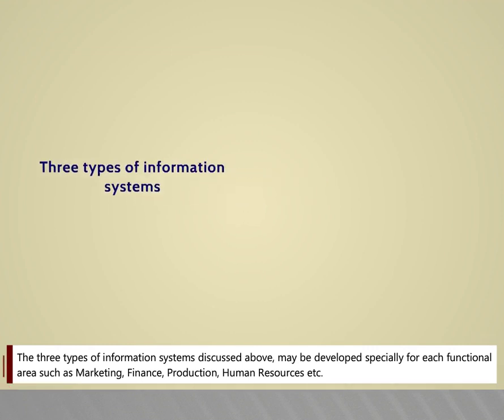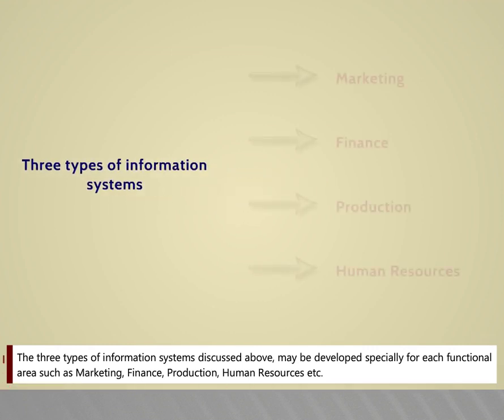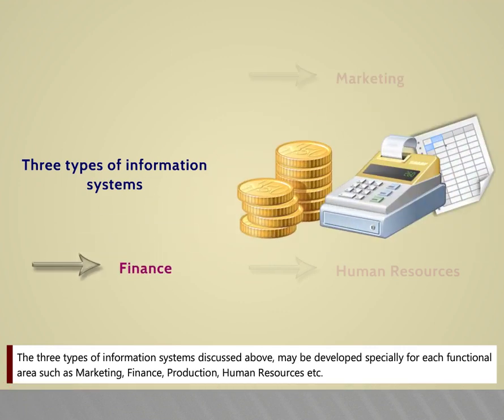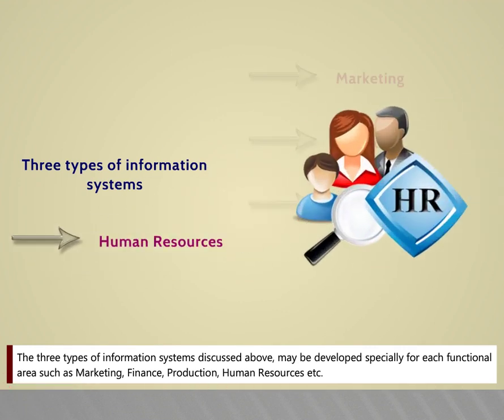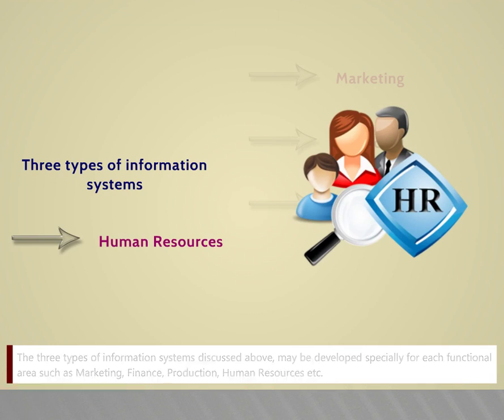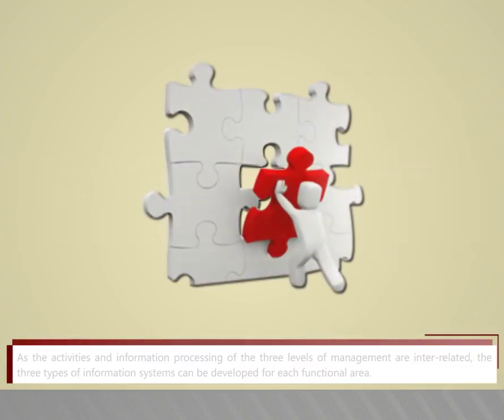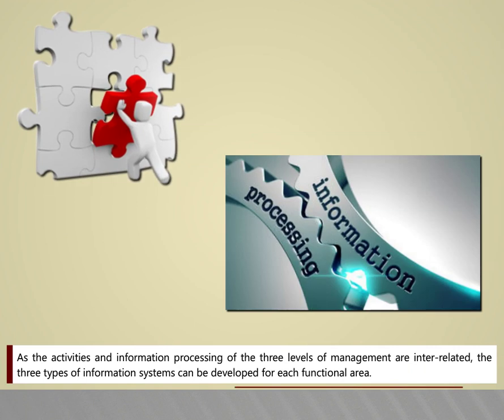The three types of information systems discussed above may be developed specially for each functional area such as marketing, finance, production, human resources, etc. As the activities and information processing of the three levels of management are interrelated, the three types of information systems can be developed for each functional area.